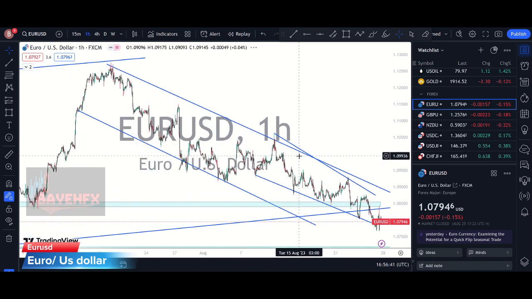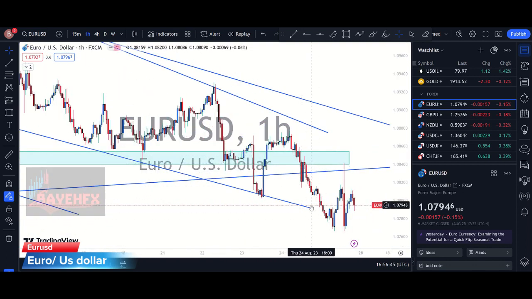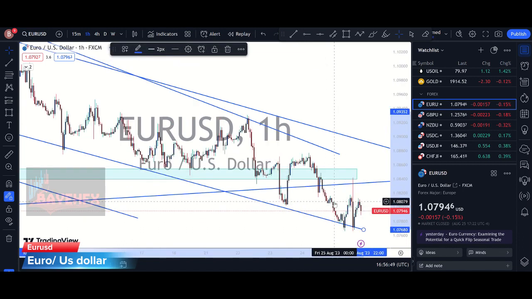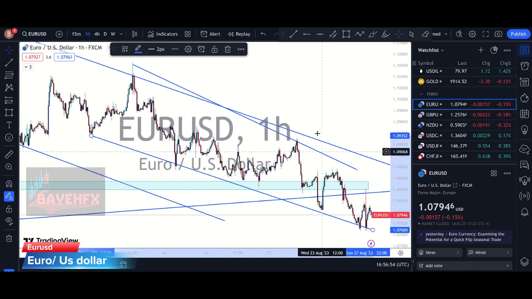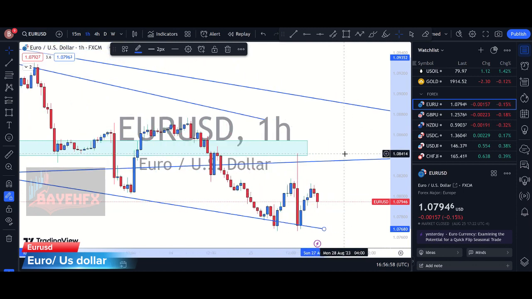So it's still on this particular channel, right? The market is still pushing down because we can see this nice double bottom right there. So maybe this week the market might be going back for a retest, right?